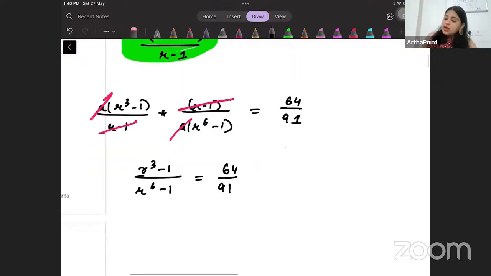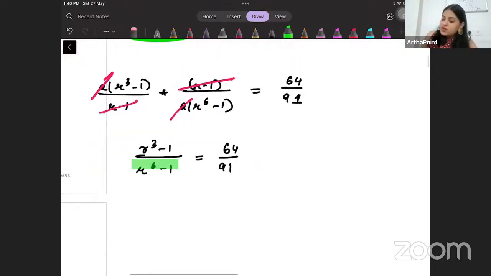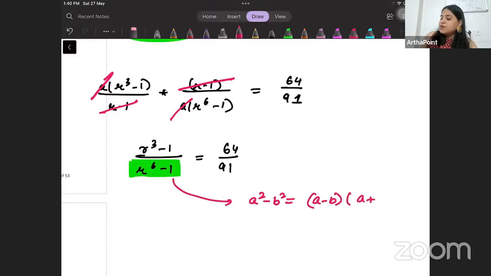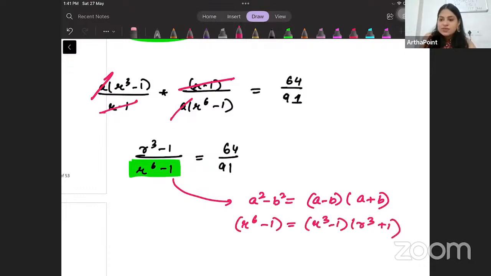Let's understand this. Beta, think of this. Can I write this in the format of a square minus b square is equal to (a minus b)(a plus b)? I can. So that means r to the power 6 minus 1 can be written as (r to the power 3 minus 1)(r to the power 3 plus 1). A square minus b square.